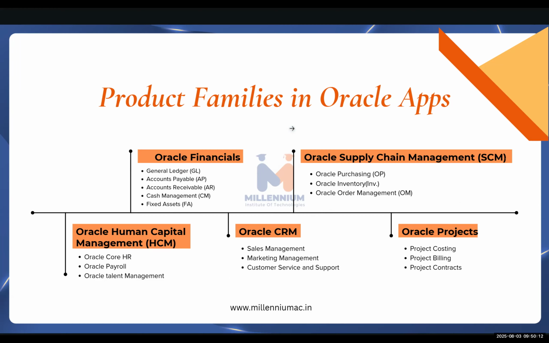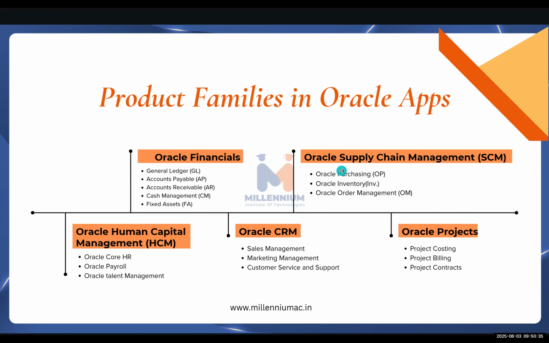So who is going to procure the raw materials? Supply chain management is going to procure the raw materials. Once they procure the raw materials, they are going to share this information with the accounts payable department under the financials. So here the sharing of things is happening, and that is the reason we call them families.